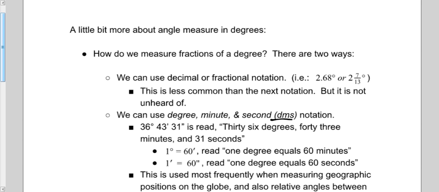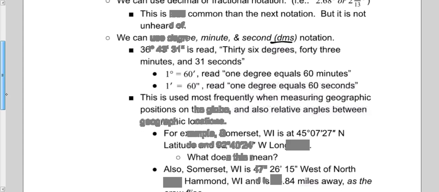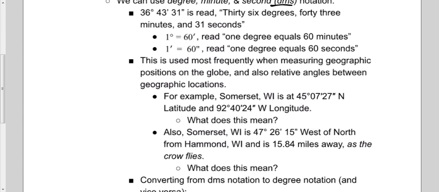So when you see DMS, you're going to think, oh, degrees, minutes, seconds. When I want to know the latitude and longitude of Somerset, Wisconsin, I look on Google Maps. And Google Maps tells me that Somerset is at 45 degrees, 7 minutes, 27 seconds north latitude, and 92 degrees, 40 minutes, 24 seconds west longitude.